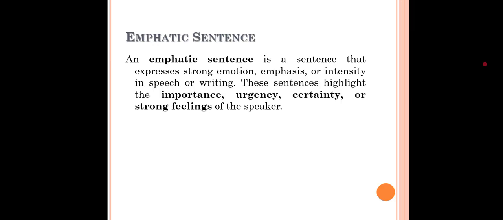Emotion, strong emotion, emphasis, or intensity in speech or writing. Means this emphatic sentence must show some strong words, strong advice, strong suggestion, strong emotion. The intensity of this kind of sentences will be very high. That is why it is called emphatic sentence.